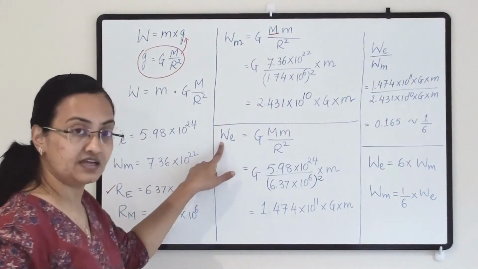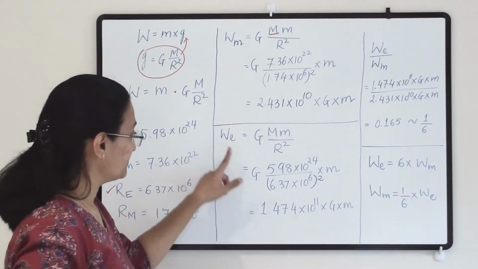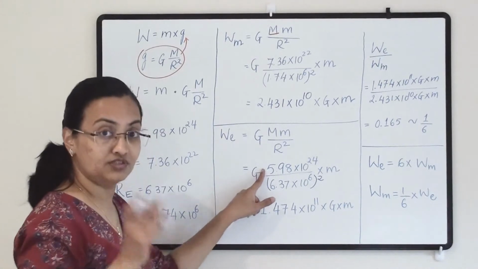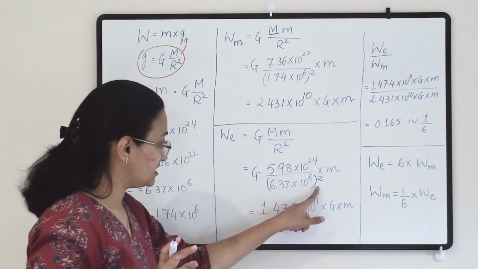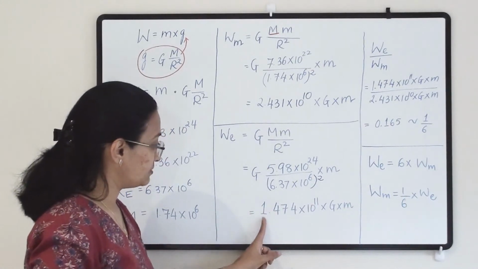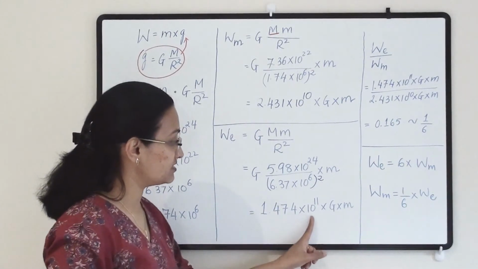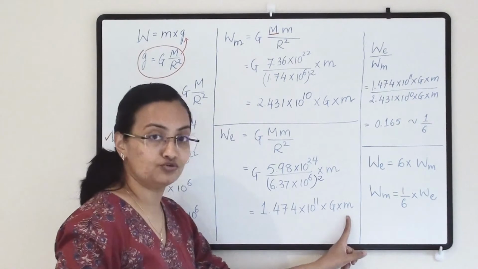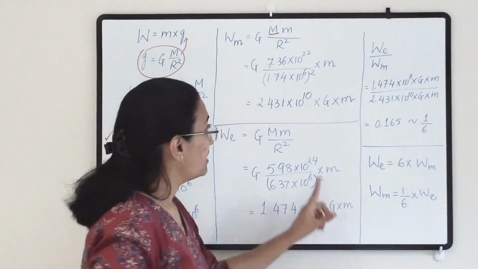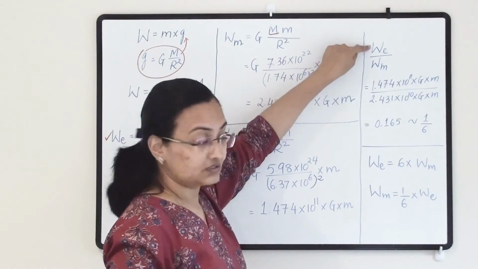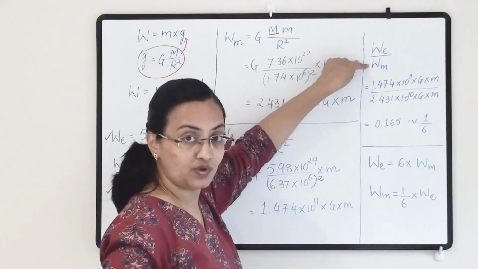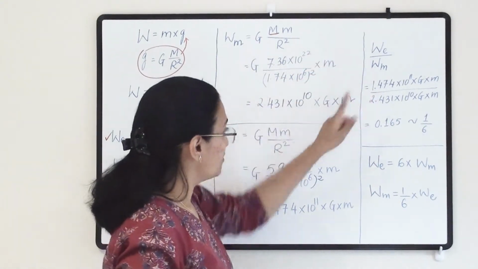In the same way we calculate the weight on the earth. Here we put the mass of the earth and the radius of the earth squared. So we get the answer 1.474 into 10 raised to 11, capital G into small m. Now let us take the ratio of the weight on the moon divided by the weight on the earth.